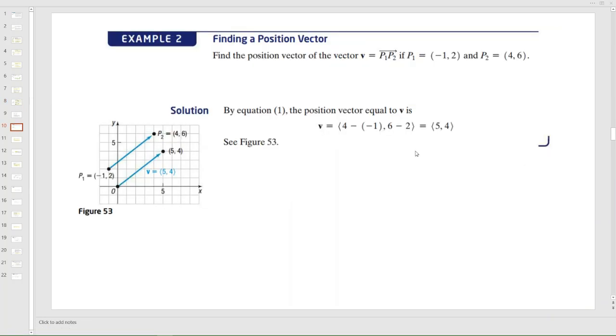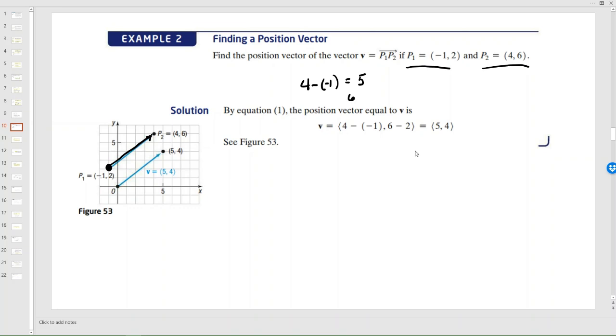Okay, to demonstrate this, let's say we've got a vector that's described with its initial point at -1, 2, and the terminal point 4, 6. So we've got a picture of that over here. Here's the initial start point. The magnitude ends us at the point 4, 6. So we're going to find the position vector just by taking point 2's x minus point 1's x. So it's going to be a 5. And then the y's, same thing.